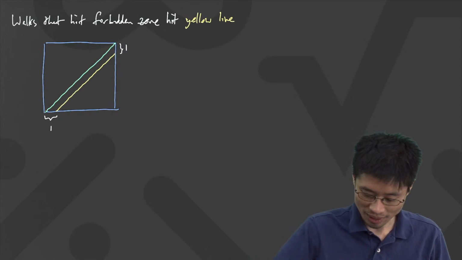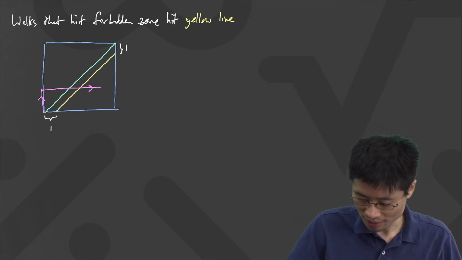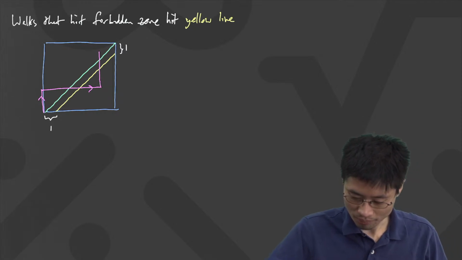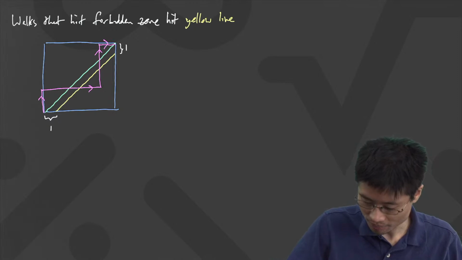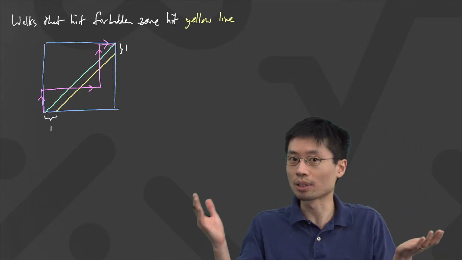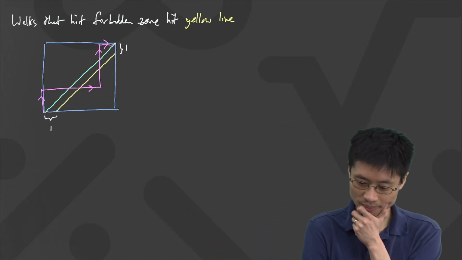Maybe you went up, and then across, and then maybe you went up. Let's make it simple for now. All the way up, and then across. By the way, you might hit the yellow line possibly multiple times. I'm just saying you hit it at least once.